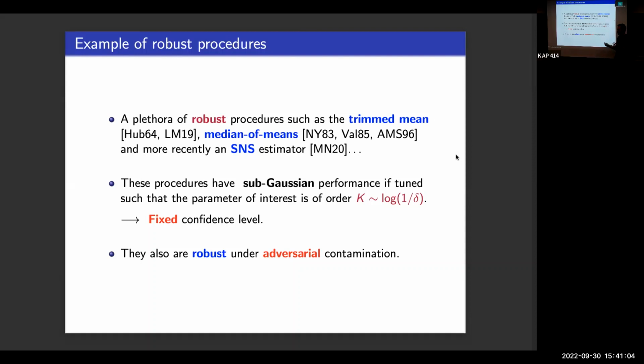So it's unlike the Gaussian case, where the empirical mean is sub-Gaussian for any value of delta. This is different because the distribution is not as nice as a Gaussian. It only works for one specific confidence level that you need to choose in advance. So you give me the confidence level you're trying to target, and then I can construct an estimator that achieves this sub-Gaussian deviation corresponding to this exact confidence level.